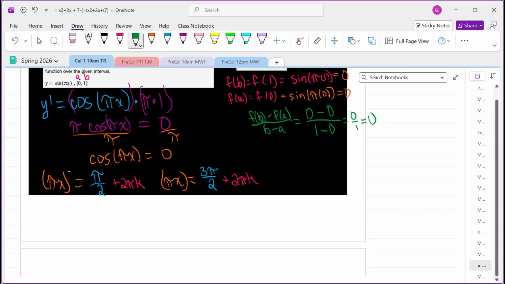Now, the inside of my trig function was not just x, it was pi x. So now I have to get rid of the pi. So we are going to divide by pi. So pi over 2 divided by pi leaves us with 1 over 2, plus 2 pi k divided by pi just leaves us with 2k.